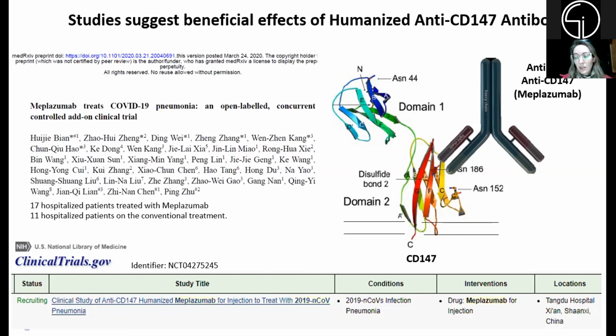The percentage of improvement of patients with severe COVID-19 is higher with meplazumab treatment compared to patients with conventional treatments. And meplazumab demonstrates a safe profile.